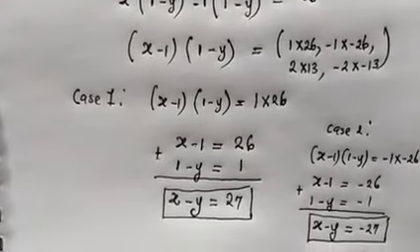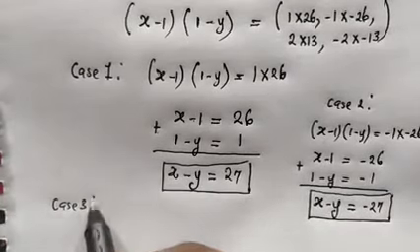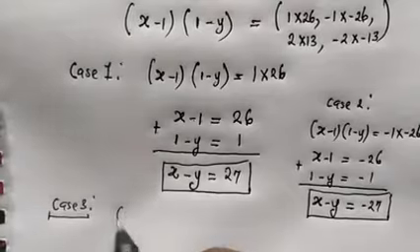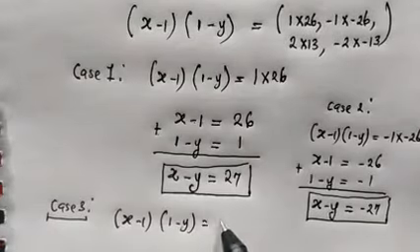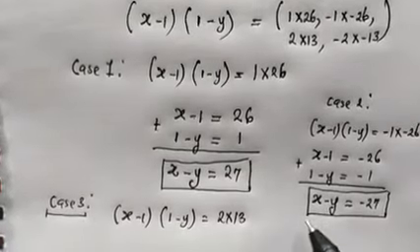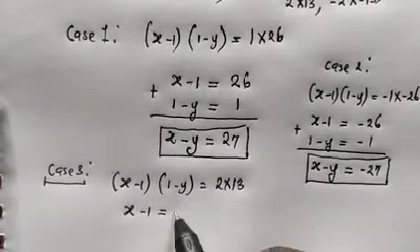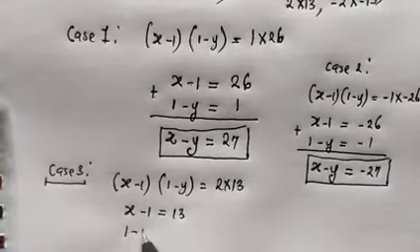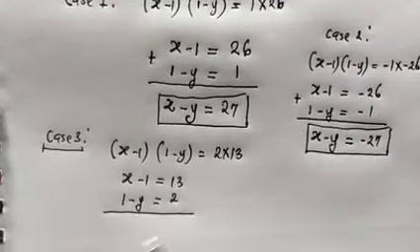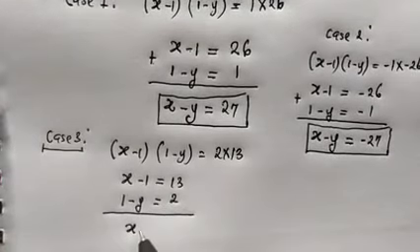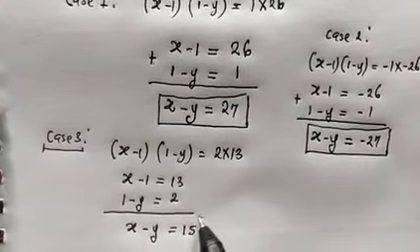Solution 2. Then let us go to case 3 right over here. This is where we have x minus 1 multiplied by 1 minus y is equal to 2 multiplied by 13. By comparing both sides, we have x minus 1 equals 13 and 1 minus y equals 2. Again, if we add both equations, we have x minus y is equal to 15.